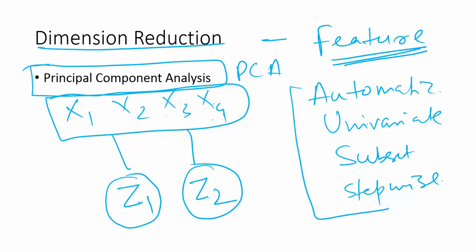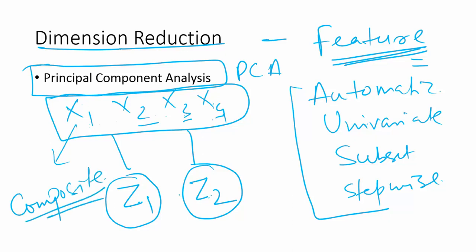Okay, but we are not dropping x1 and then going ahead with x2, x3, x4. That's not happening. That's what happens in feature selection. Whereas in dimension reduction, you combine variables to come up with composite variables, or 2 completely different variables. So g1 and g2 are composite variables which are some sort of linear combination of x1, x2, x3 and x4, and these variables retain the prediction ability of the initial variables.